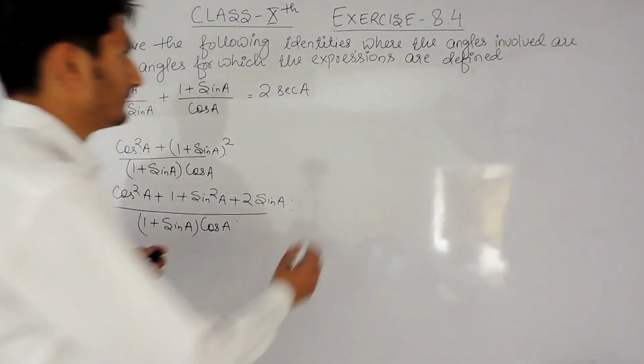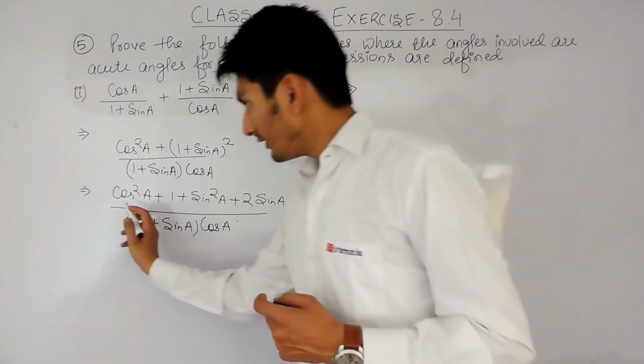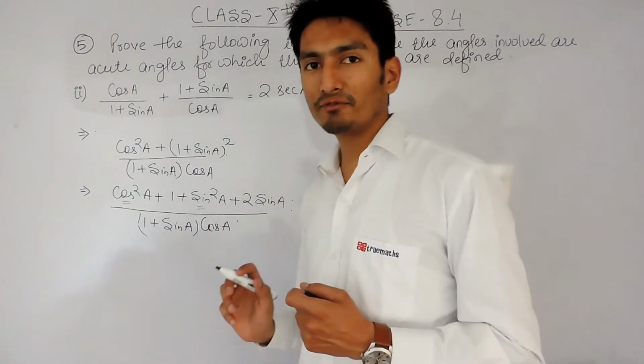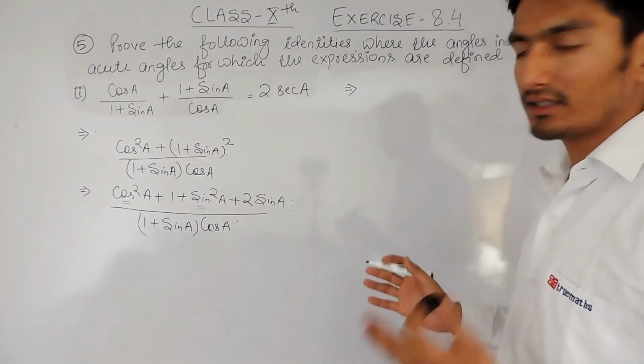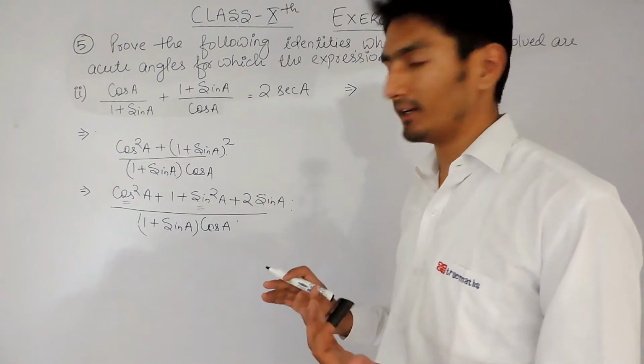Now let's solve this further. We know that cos square theta plus sine square theta is 1. This is a standard identity which we have discussed in the earlier videos, that sine square theta plus cos square theta is always 1.